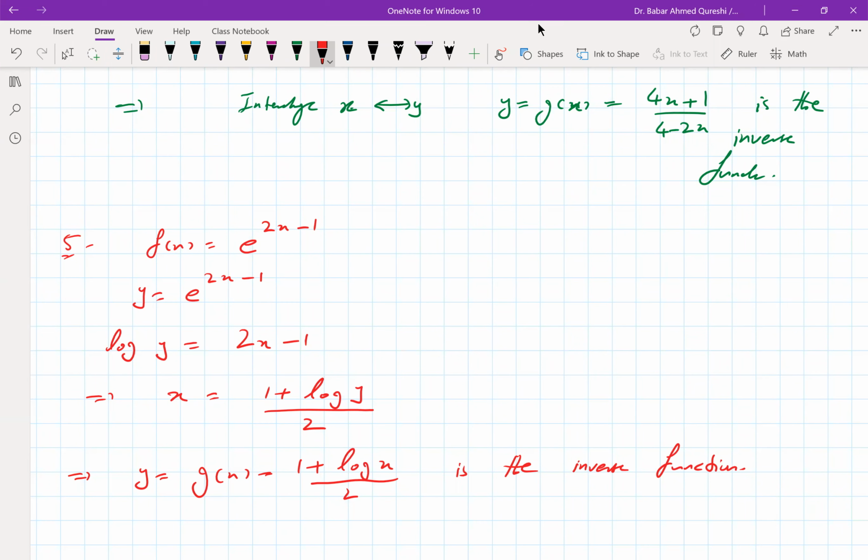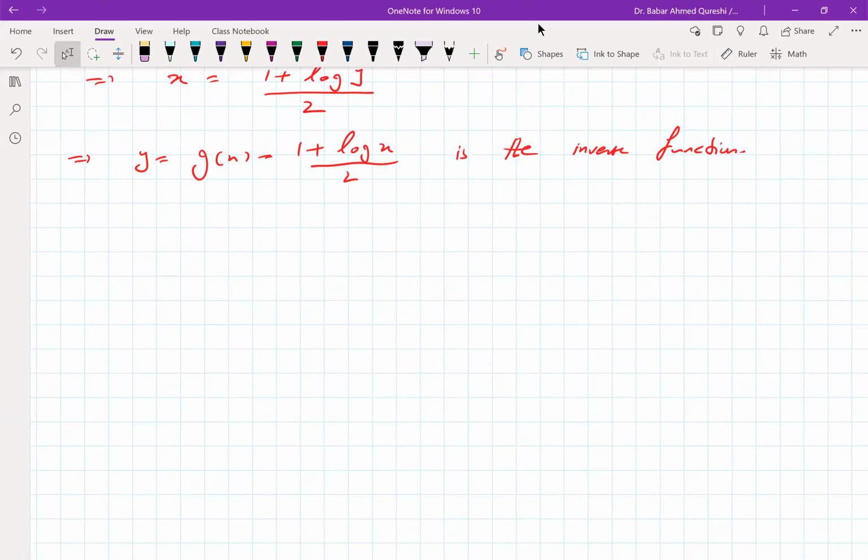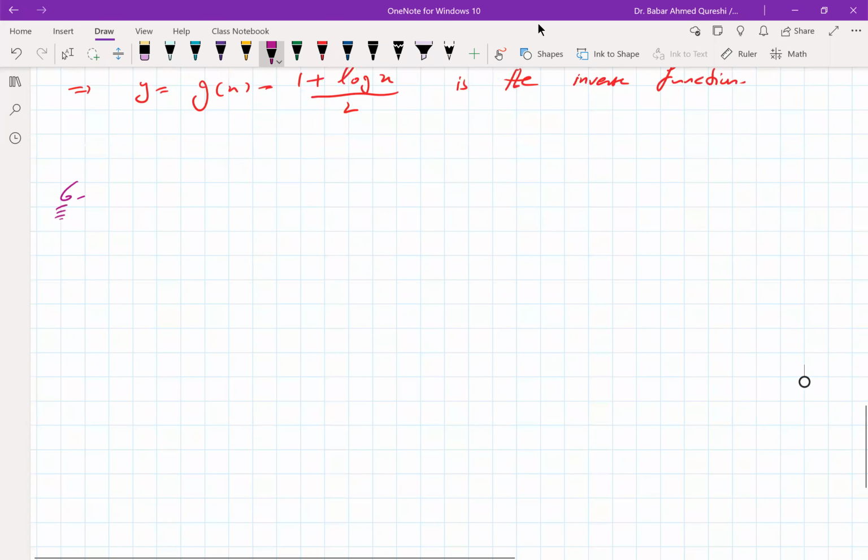Now, let's consider this. Suppose you are given this graph.